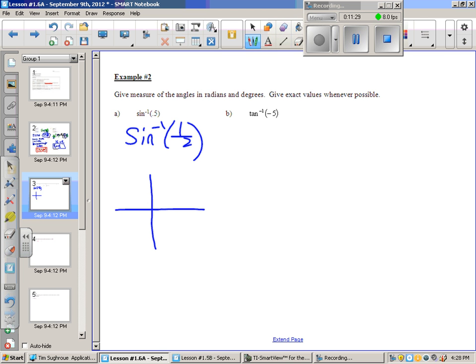When you take the arc sine or arc cosecant of a negative number, you must use the fourth quadrant. When you do the arc tan or arc cotan of a negative number, you must use the fourth quadrant, and only the fourth quadrant. If you do an arc cosine or arc secant of a positive or of a negative number, you must use the second quadrant because it's still positive in the fourth quadrant.